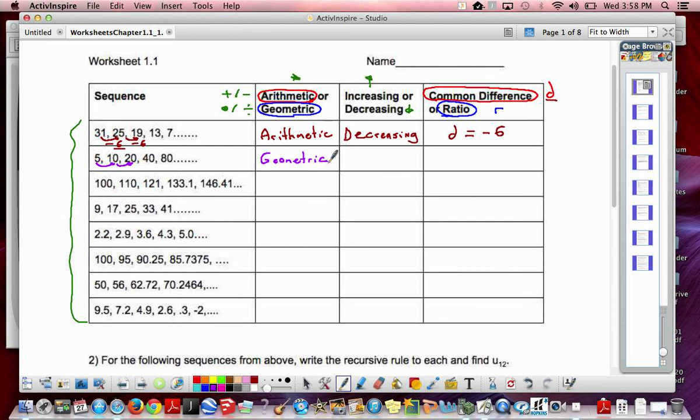The question becomes, what am I multiplying by or dividing by to get that? Well, I know that it's going up, so I can at least say that it's increasing. So the question becomes, what is that common ratio? Well, 5 to get to 10 looks like it's being doubled. 10 to 20 is being doubled or multiplied by 2, so my common ratio is 2.